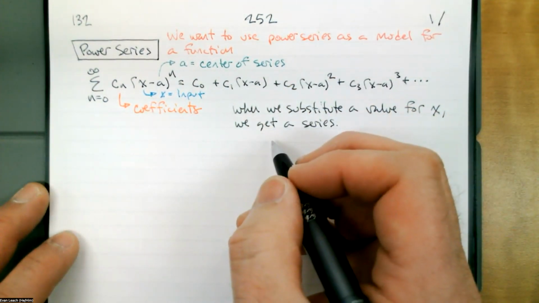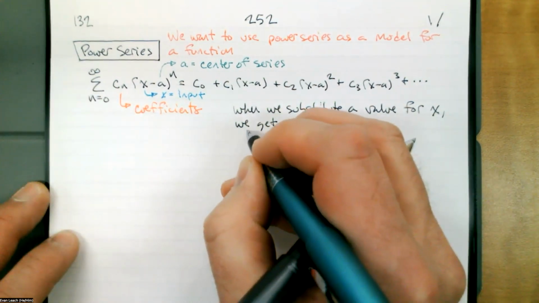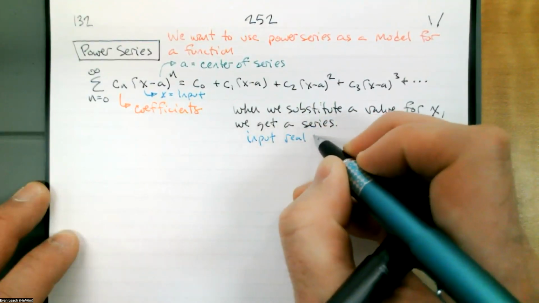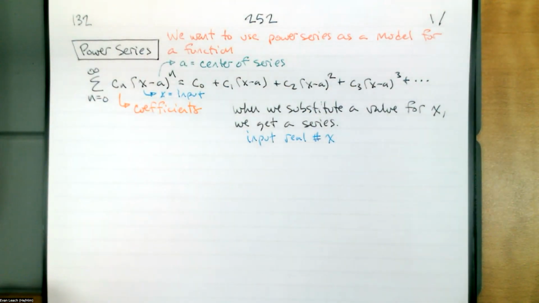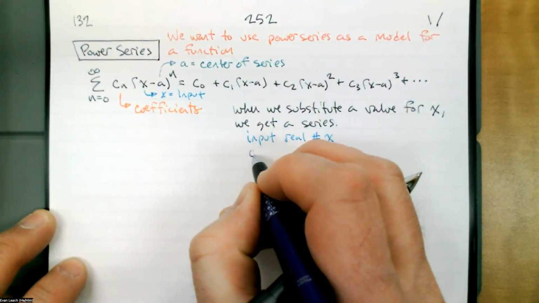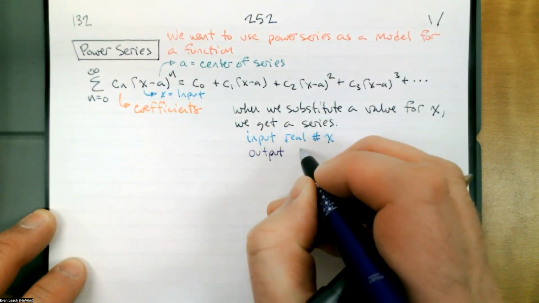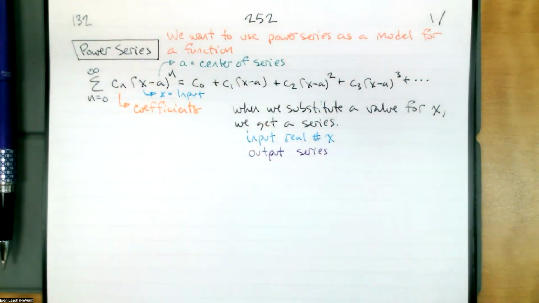So the input is a real number, the output is a series. We input a real number x, the output is a series.